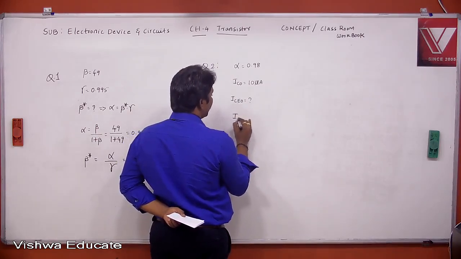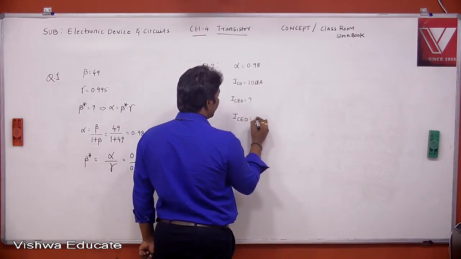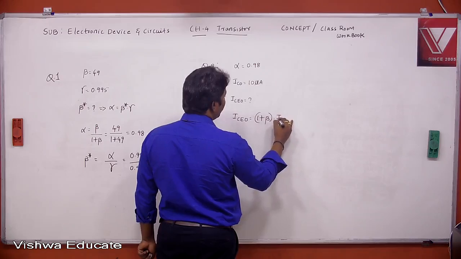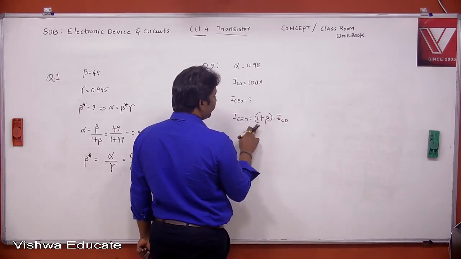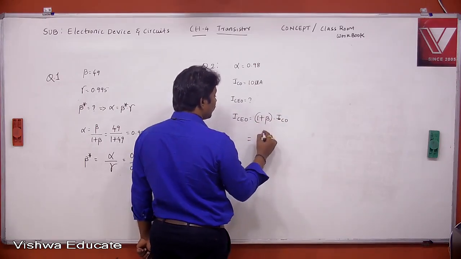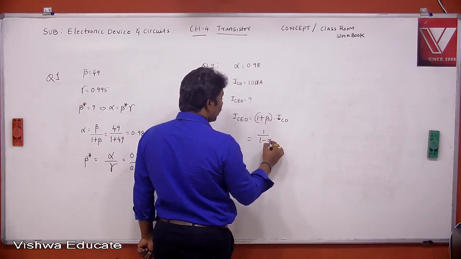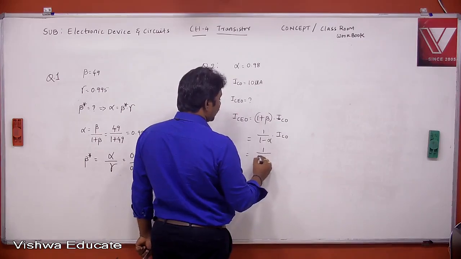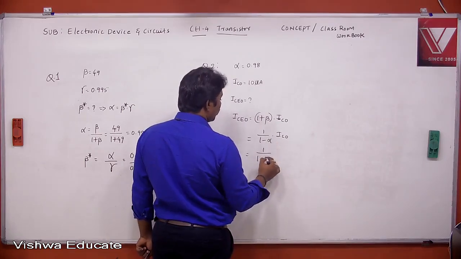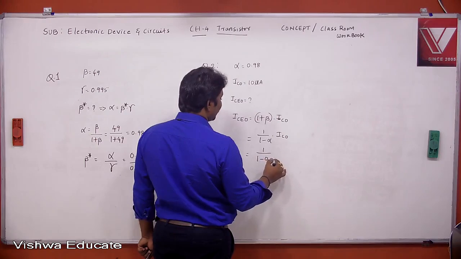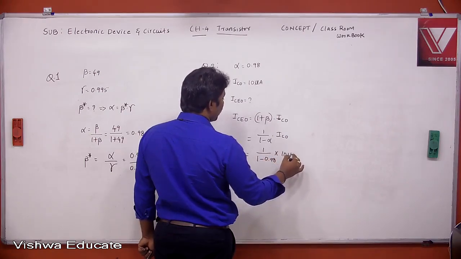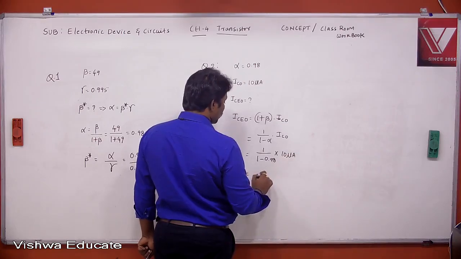Yes, we have a relation, that is ICEO equal to 1 plus beta into IC naught. But what is 1 plus beta in terms of alpha? 1 by 1 minus alpha into IC naught. Now substitute alpha and IC naught. Alpha is 0.98, IC naught is 10 microampere. So which is equal to 500 microampere.